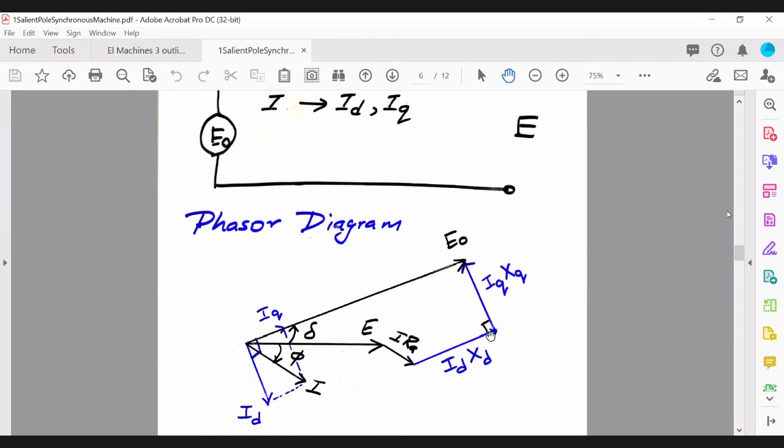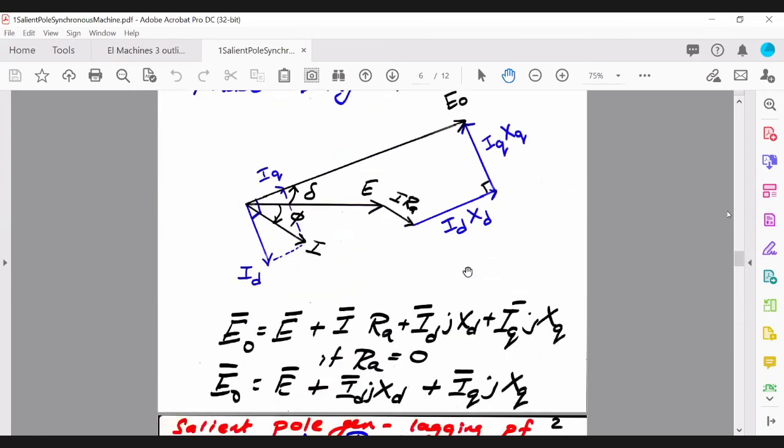So now it's pointing 90. So obviously you get a 90 degree shift from I_D X_D to get I_Q X_Q. All right, so this is the equation that represents this phasor diagram.